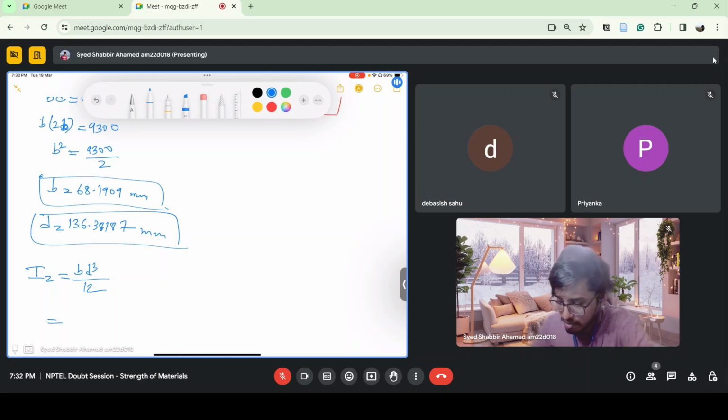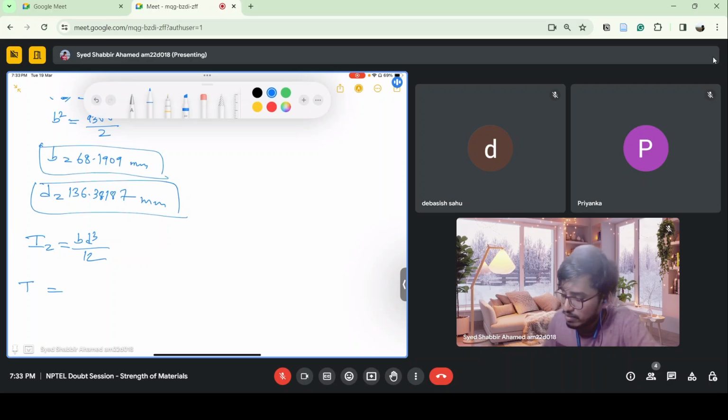You will get 68.190 times 136.38187 cubed by 12, and we get this moment of inertia in mm power 4.